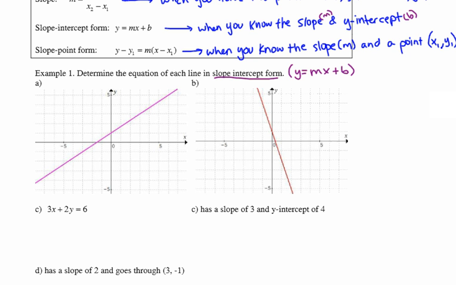We have a graph, and slope is rise over run, so we need to find two nice points. I'll use this y-intercept point, and where is there another nice point? Nice point means it crosses two whole number grid lines. Yeah, there's one at 3 and 3. Right here. Okay, so those are two nice points.